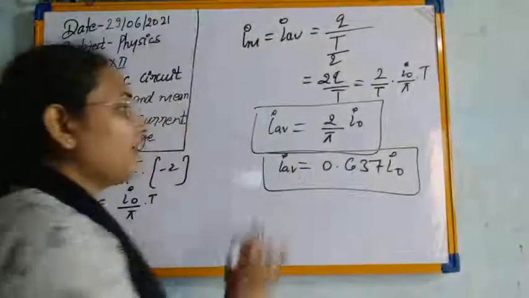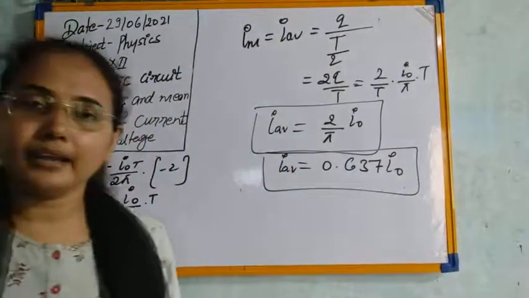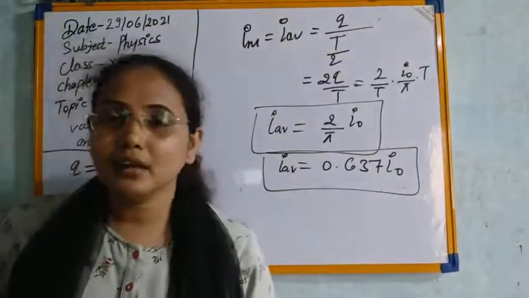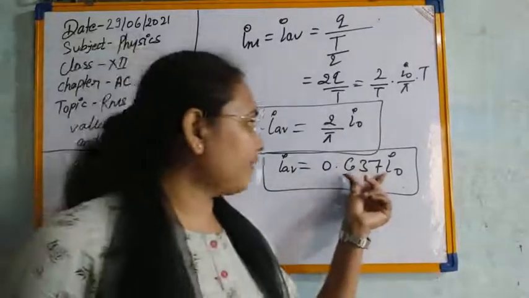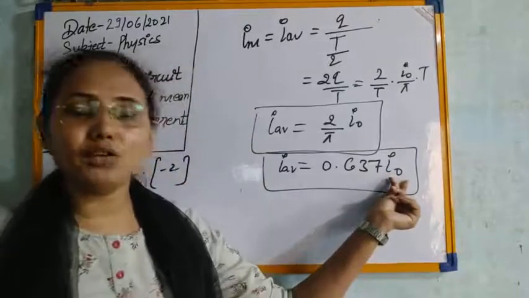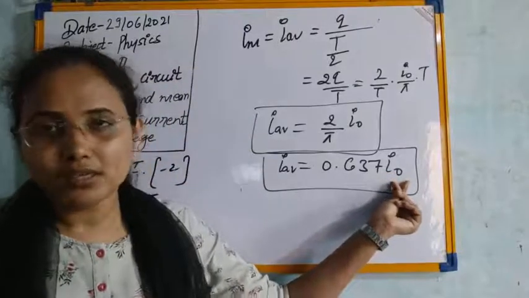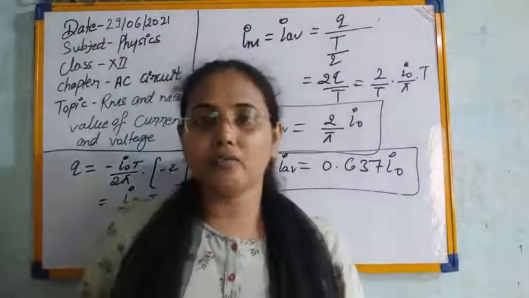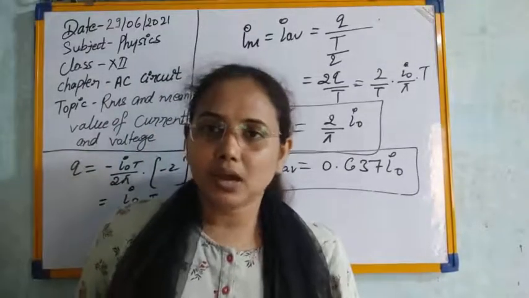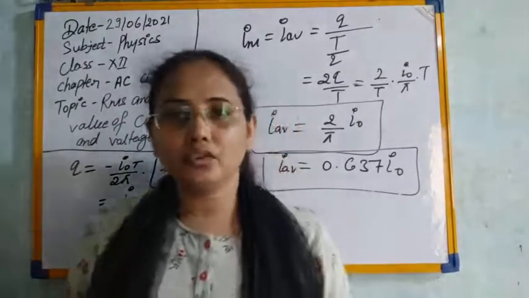So the average value of the alternating current in our AC circuit is equal to 0.637 times the peak value of the current flowing in our circuit. So simple, I think it is now clear what the mean value is. And why are we taking only the half cycle?